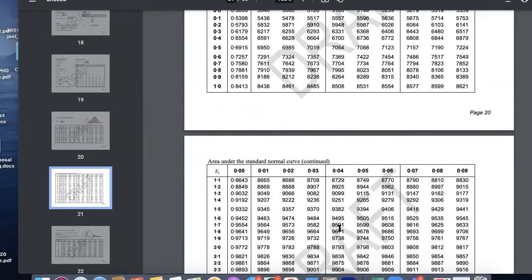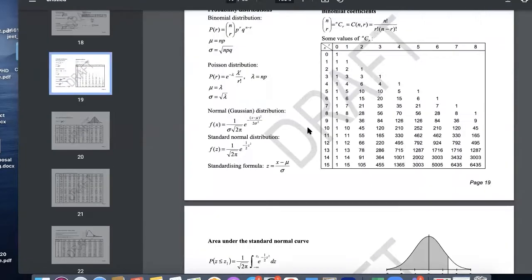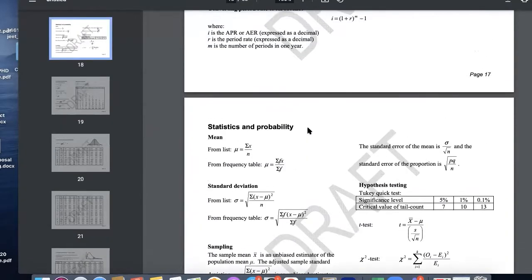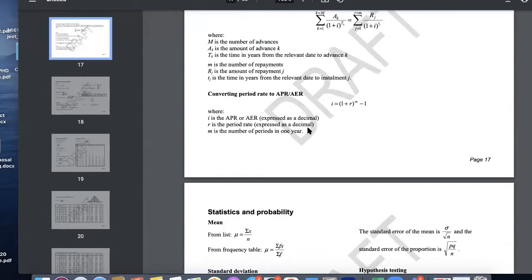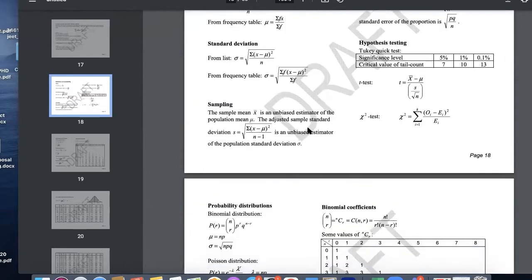So when you use 1.96 times sigma p, you are doing your margin of error to the 95% level of confidence. That's where the 1.96 comes from in the formula. These tables are slightly different, but I was looking for a sigma p.